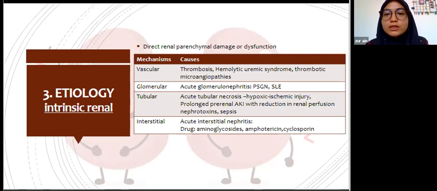For interstitial, what happens is a cell-mediated immune reaction, which infiltrates the interstitium and can lead to fibrosis.